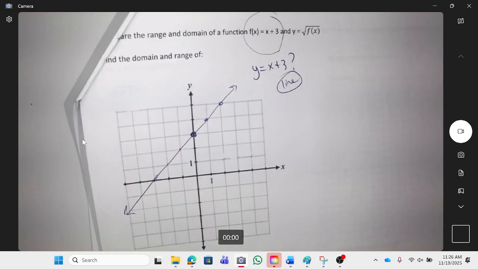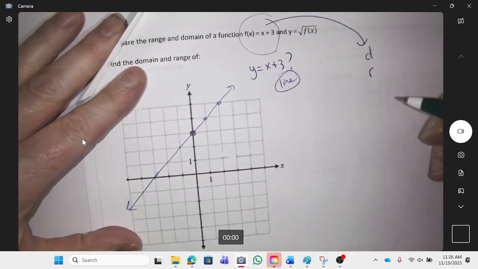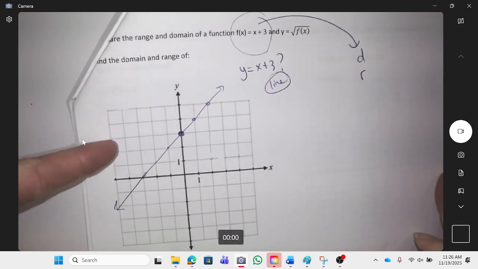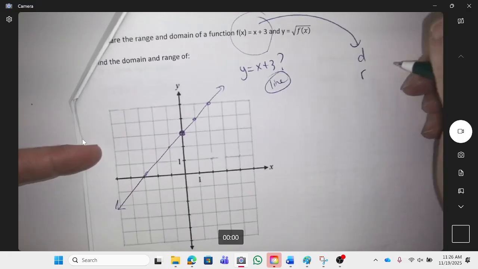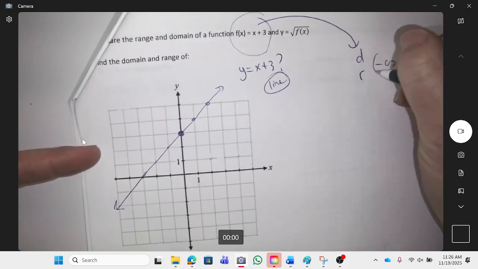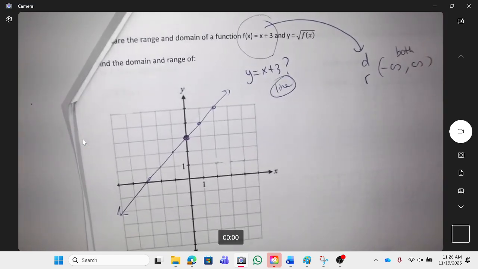Once you see a few points, maybe you'll be like, oh, it looks like it's forming a line. Okay? All right, so what's the domain and range of that function? Both are infinite. Right? They're both.